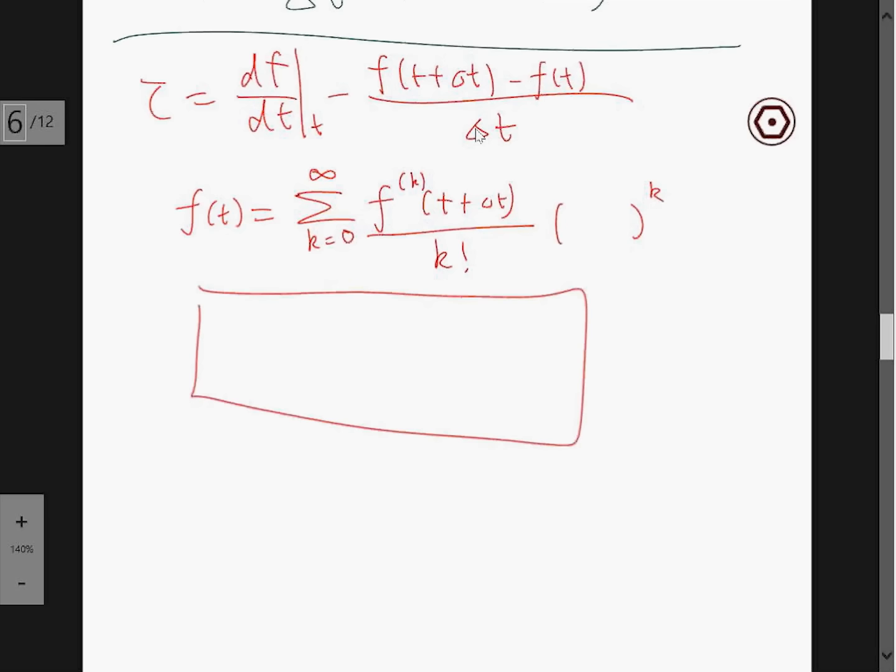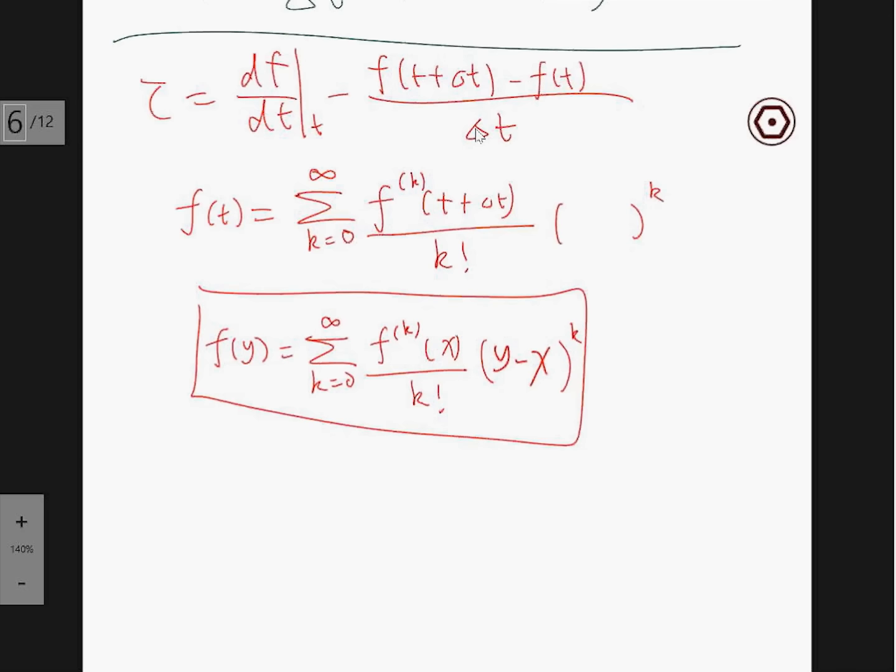Okay, I'm just going to write a box here. f of y is equal to the summation over k equal to 0 of the kth derivative of f at x, divided by k factorial, times y minus x to the kth power. I'm expanding y at x. Previously, we had x being t, and y being t plus delta t.